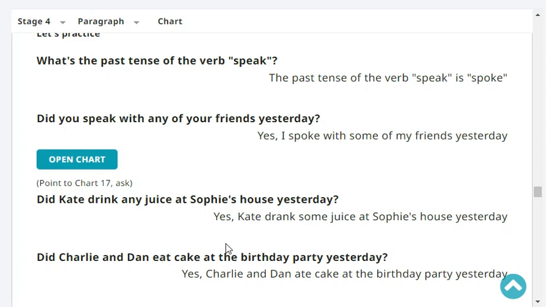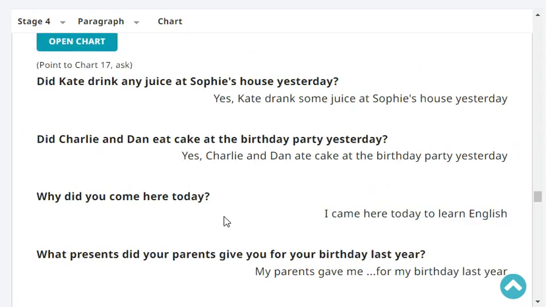Did Kate drink any juice at Sophie's house yesterday? Yes, Kate drank some juice at Sophie's house yesterday. Very good.